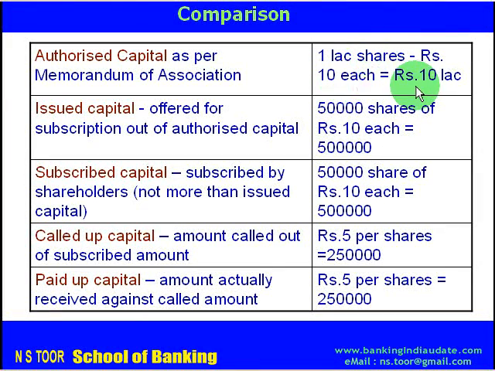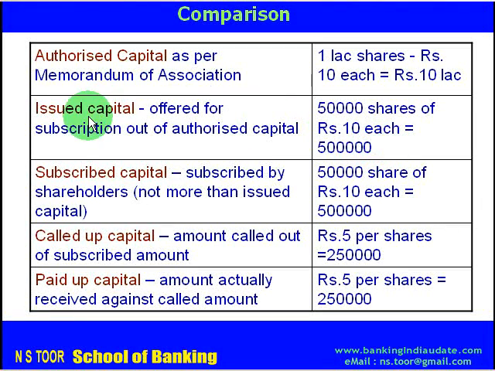This means authorized capital is 10 lakh. Now issued. Out of this, whatever amount has been offered for subscription is issued capital. So out of 1 lakh shares, 50,000 shares have been offered for subscription. So here the issued capital is 5 lakh.